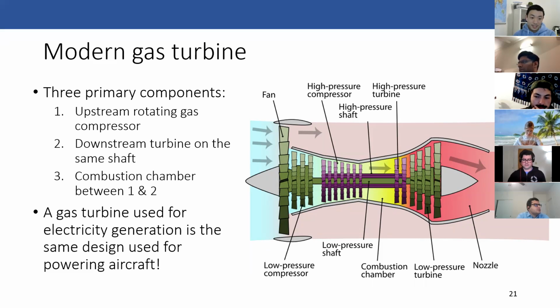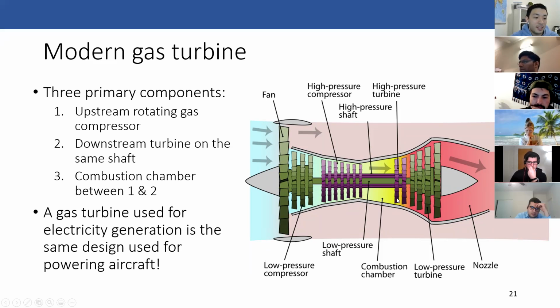What that does, you can imagine a series of fans that essentially, as you pass through the fans, the air will get compressed so that you're at a much higher pressure and higher speed as it moves through the turbine.